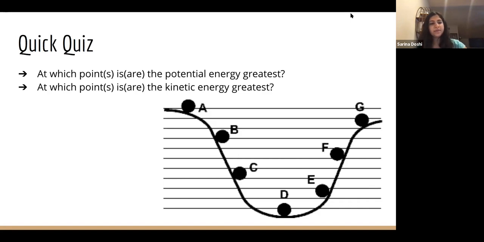Yeah, point A would have the greatest potential energy. Why not point G? Why wouldn't point G have the greatest potential energy?